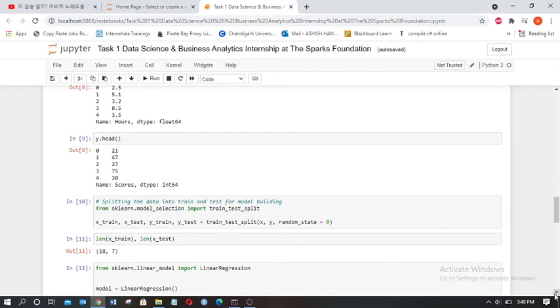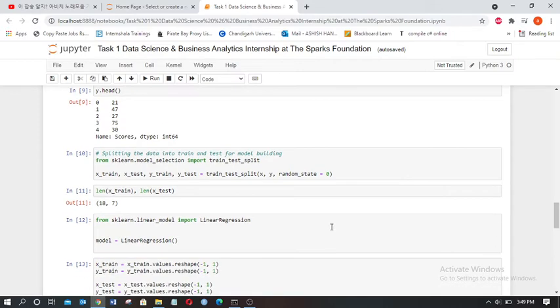Moving forward, after correctly separating the data, we have used the model selection part from sklearn, train test split, for splitting the data in two parts, for training as well as for testing.